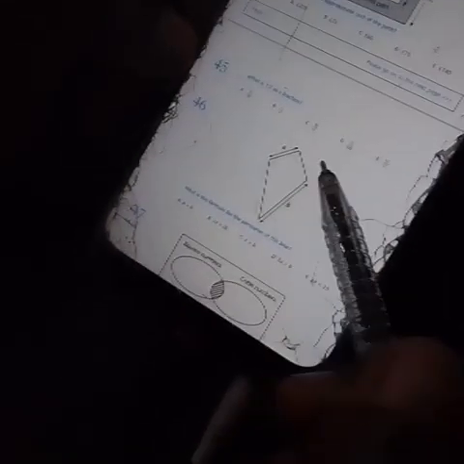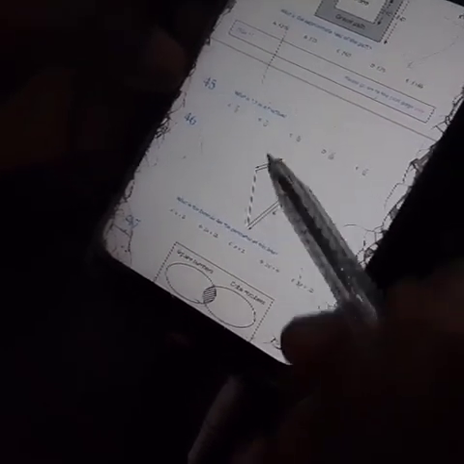Question 46 is talking about the kite, and it says, what is the formula for the perimeter of the kite? A kite is similar to the way you calculate the perimeter of a square.